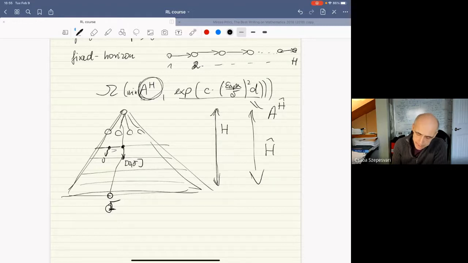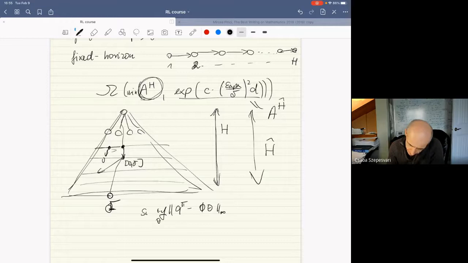It could be less because the policy may decide not to go with the optimal path, right? So for every policy, we want to understand how the action value functions are, because we need to satisfy this requirement that for all policies, the action value functions are uniformly well represented.